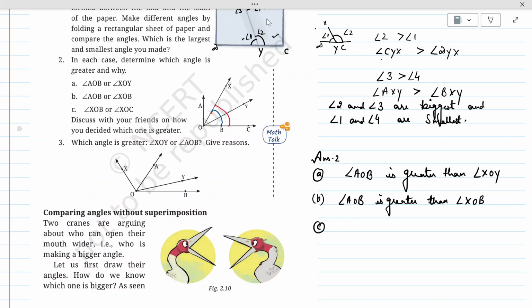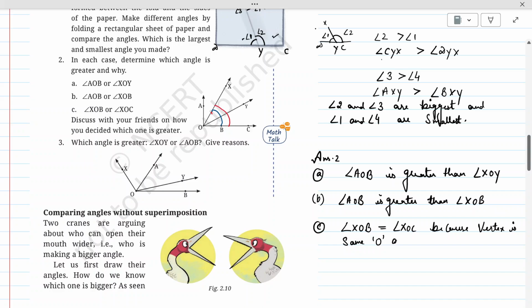We just read this. If the vertex is the same and the arms are also coinciding, overlapping with each other, it means the angles are equal. So angle XOB is equal to angle XOC. Why? Because the vertex is the same. What is the vertex?